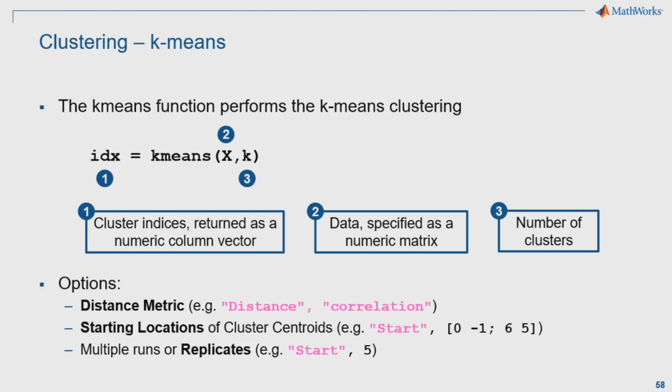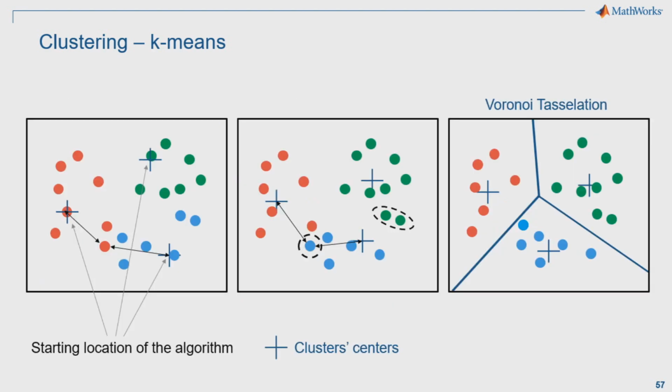So there are further options that you can specify for k-means, which are the distance metric, which could be correlation, which could be Euclidean. There are many. You could specify the starting location of the cluster centroids, because as you can imagine, the position of the starting location of the algorithm has a weight in the outcomes of the algorithm.